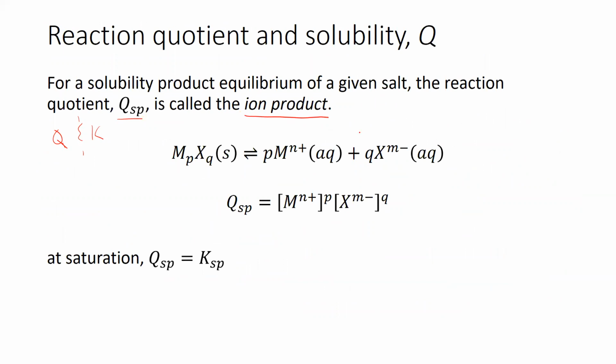So here, that Qsp for a given substance, so this is a metal and a non-metal that dissociate, well, as you know, the stoichiometric coefficient for the metal will be whatever its subscript is in the compound, and it's going to have some sort of a charge to it, right? The stoichiometric coefficient on the non-metal will be the same as the subscript on the solid, and you'll get the charges that balance out.